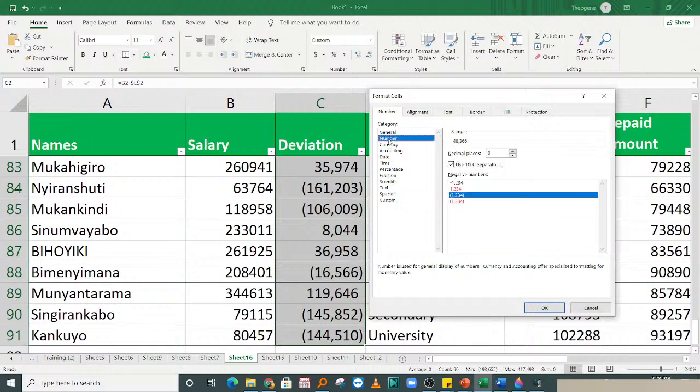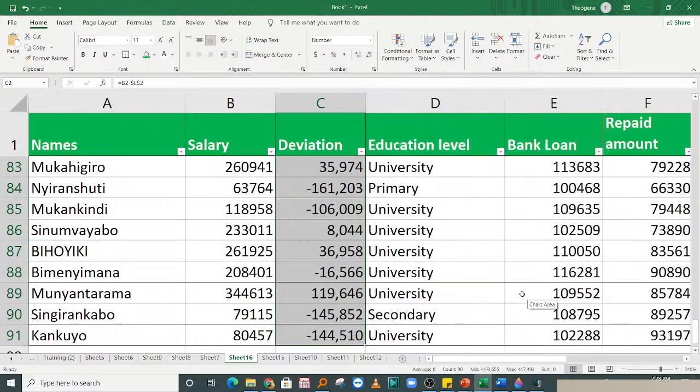This is not custom, it is a number. Then you go to negative and click OK. That's why you see the negative numbers there. You see, this person is deviating 161,000 from the mean.